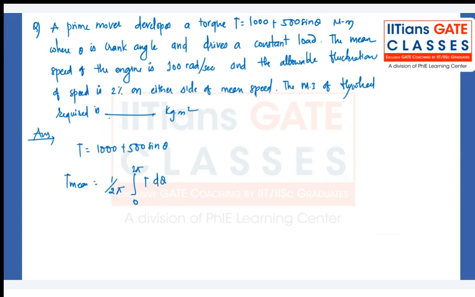So it will be 1 upon 2 pi 0 to 2 pi of 1000 plus 500 sine theta d theta, which will be 1000 Newton meter.